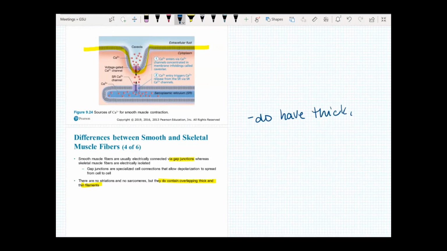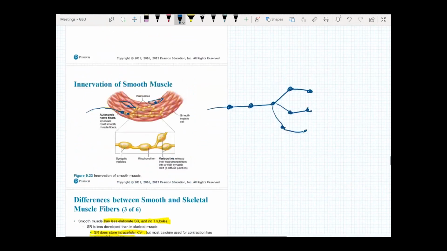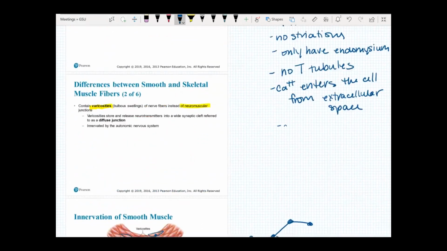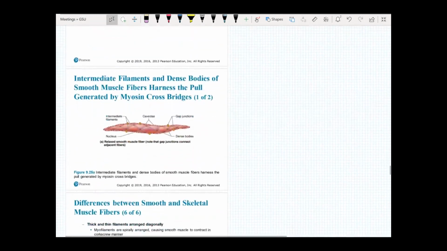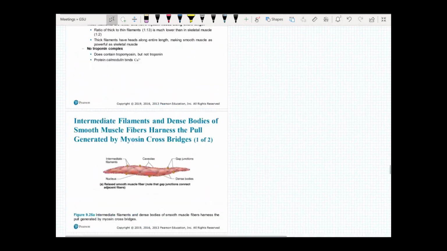They're just not in the same pattern and organized the same way to create a sarcomere. So this they do have, but the difference is that they are connected to each other via gap junctions, and there are no sarcomeres in smooth muscle. So there's quite a bit of difference between smooth muscle and skeletal muscle.